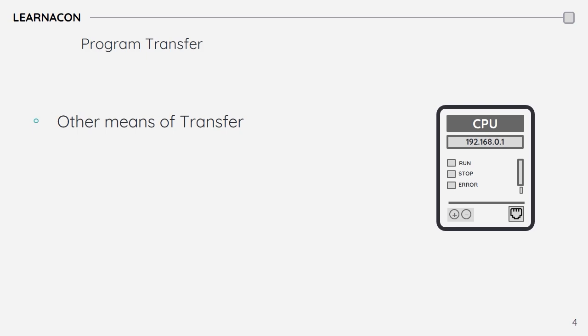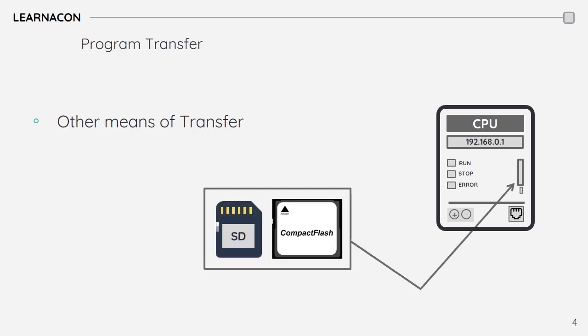Using the PLC programming tool, you can transfer the program to a memory card compatible with the CPU and ship the card to the client. They can turn off the power, insert the card into the CPU memory slot, and power it on. That will activate the program in the PLC.